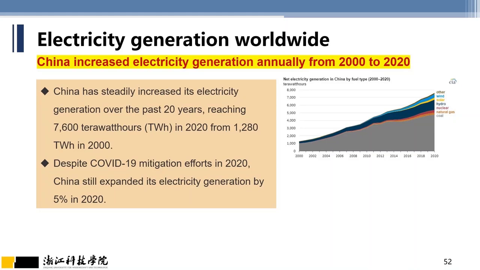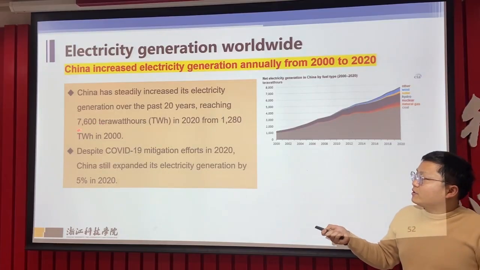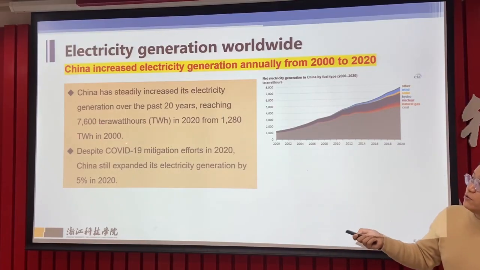And also, China has steadily increased its electricity generation over the past 20 years, reaching 7,600 terawatt hours in 2020 from 1,218 terawatt hours in 2000.